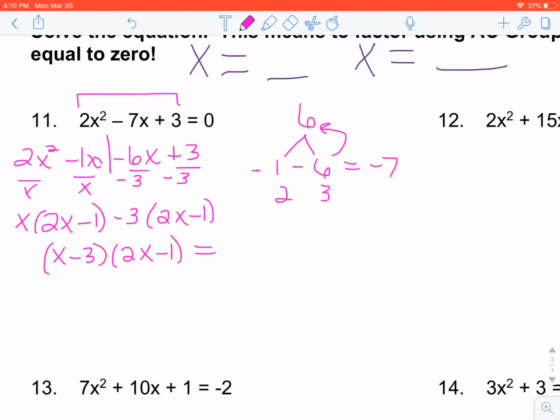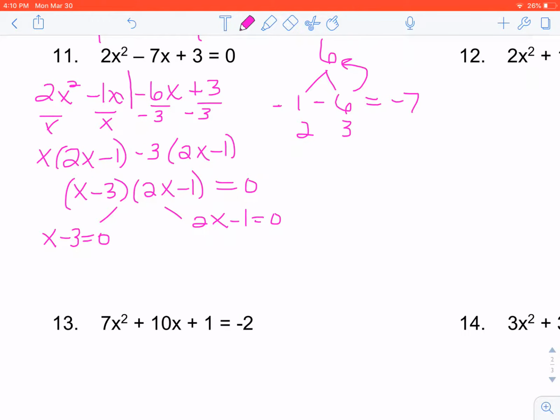But it's equal to 0, and the question says to solve. So when we solve, we take each of these parentheses and individually set them equal to 0. Because now we're solving for x, which means we're finding the answer for these two little parts of the problem. So to find x, I would add 3, because our goal is to cancel that x out. So we get x equals 3. On the next one, we would add 1.